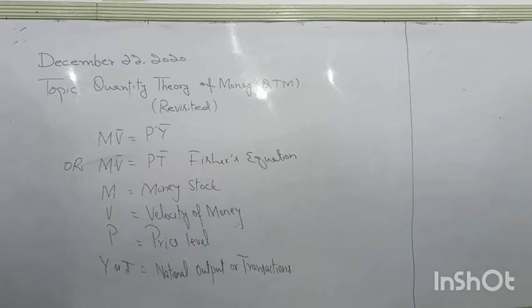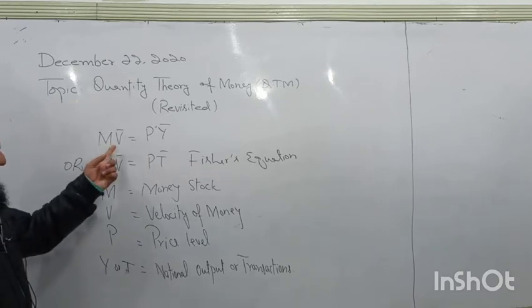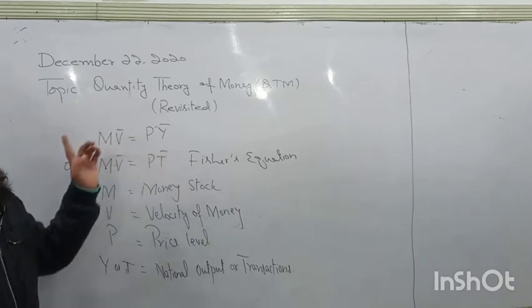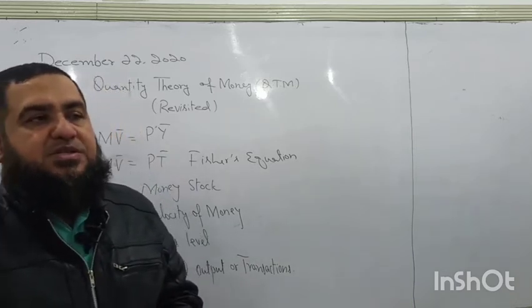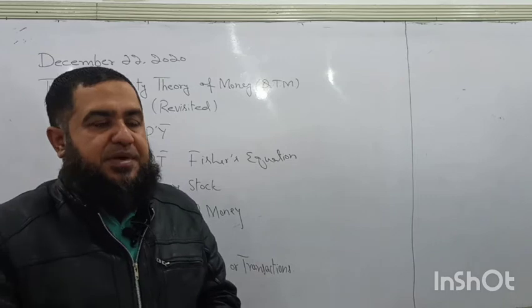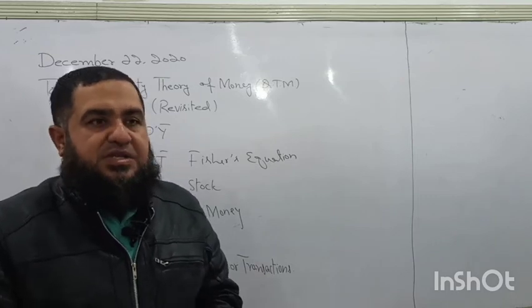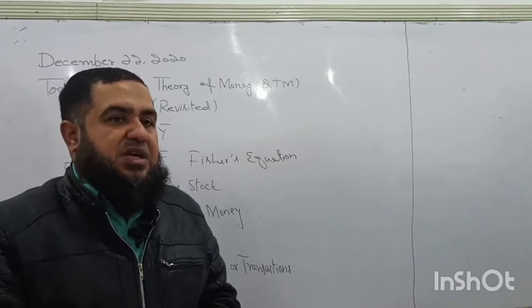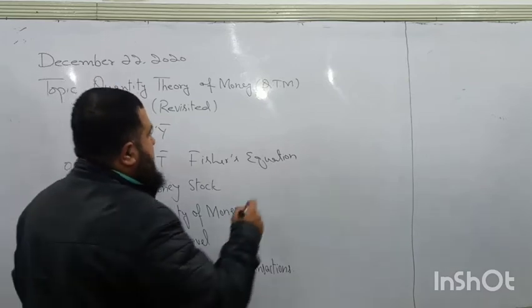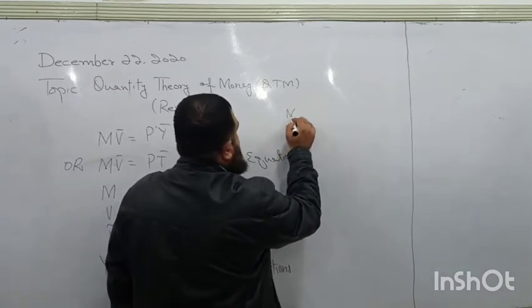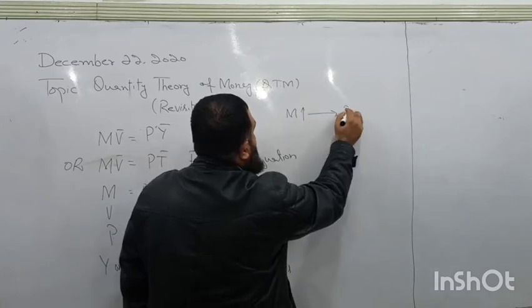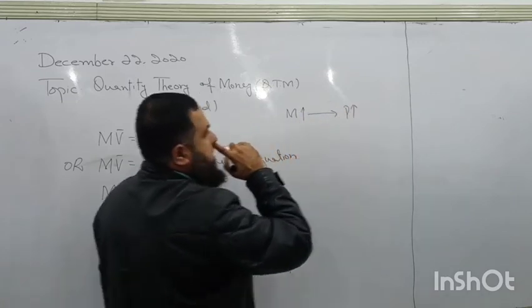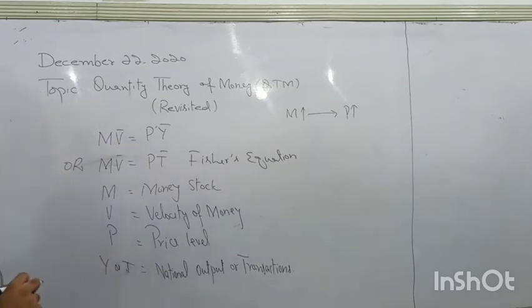Now, according to monetarist thought, when velocity and level of output are kept fixed, what is going to happen? Any change in money stock will cause a change in the general price level. Like we say, velocity is fixed, so any printing of new notes by the central bank will cause an increase in price level by the same proportion.